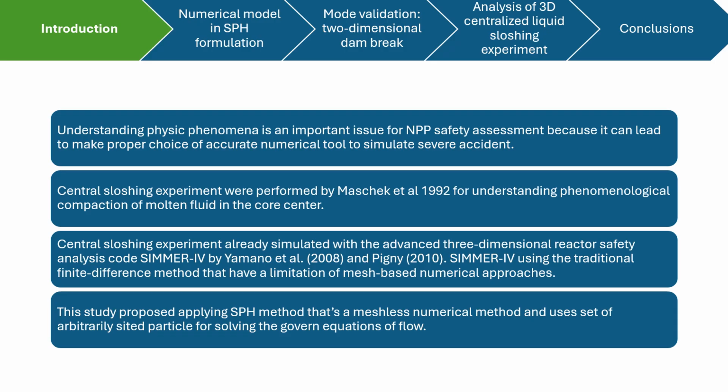After that, central sloshing experiments were simulated with the advanced three-dimensional reactor safety analysis code SIMMER-4 by Yamano et al. in 2008 and Vigny in 2010. SIMMER-4 uses the traditional finite difference method, which has a limitation as a mesh-based numerical approach. So in this study, I propose applying the SPH method, a meshless numerical method that uses a set of arbitrarily distributed particles for solving the governing equations of flow.